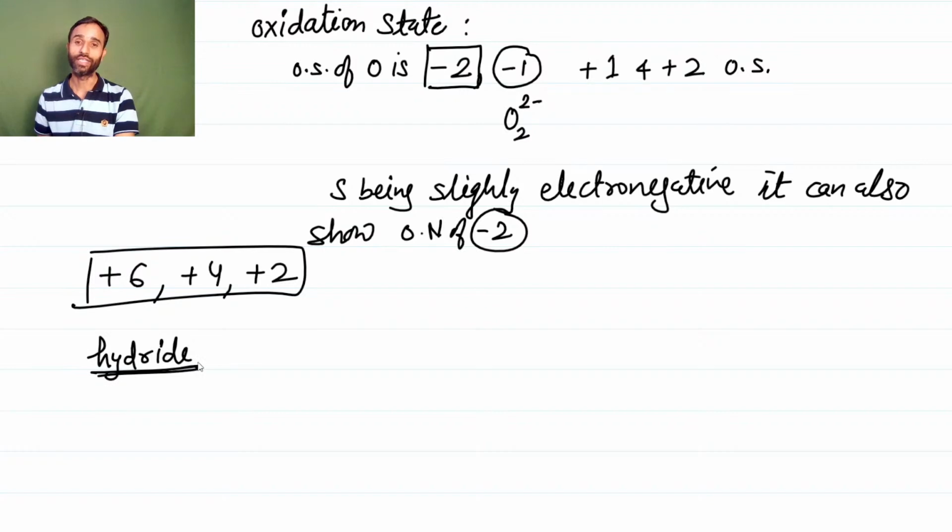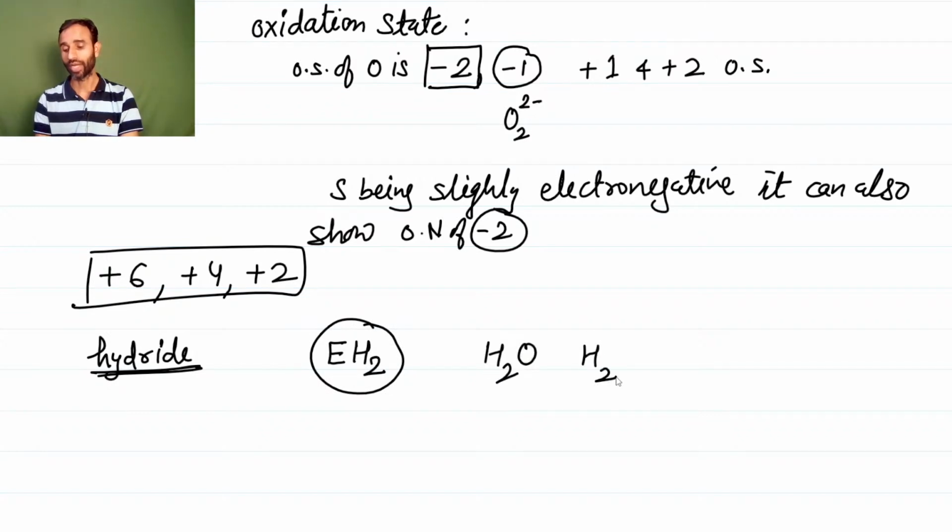Last is hydride formation. All of these elements, after sharing 2 electrons with hydrogen, acquire noble gas configuration, they have a complete octet of electrons. That's why all of these elements exist as EH2: H2O, H2S, H2Se, H2Te, H2Po.